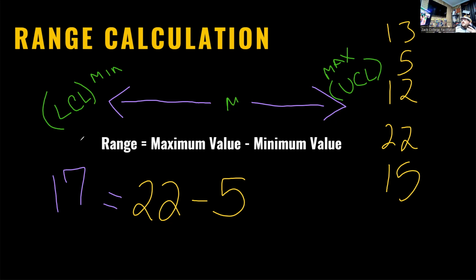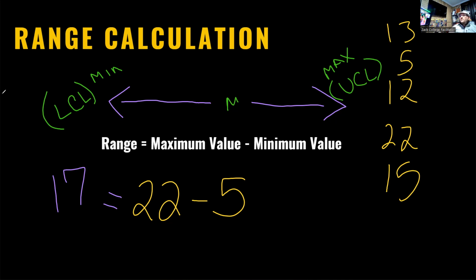Now, the range calculation, why is it valued? Well, when we look at our process, being able to see that specification limit, if I'm working in maintenance and I have someone that changes oil, maybe I want to create a good range of how long it should take to create a standardized process.